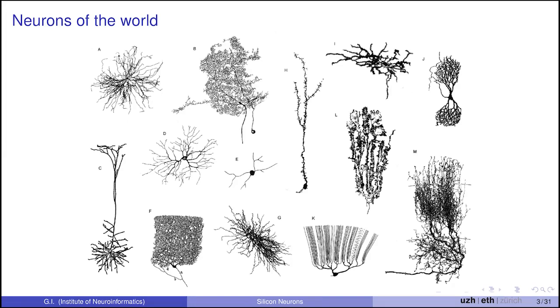So that's what I mean by the structure determining the functionality. The way these neurons are connected and the way these axons and dendrites are arranged really determines what they do.